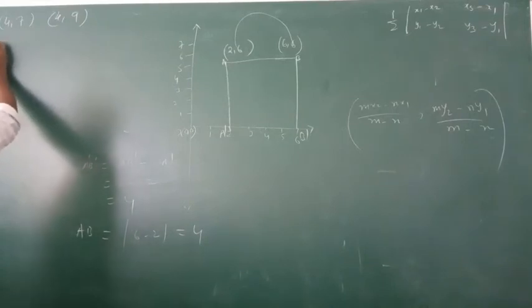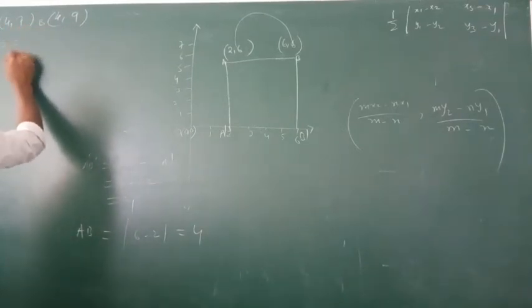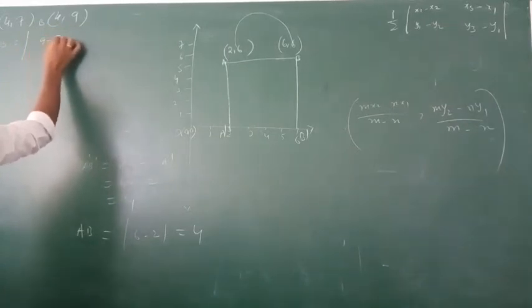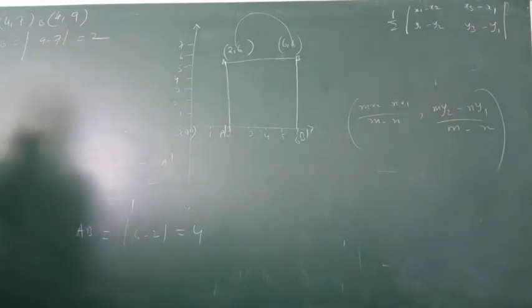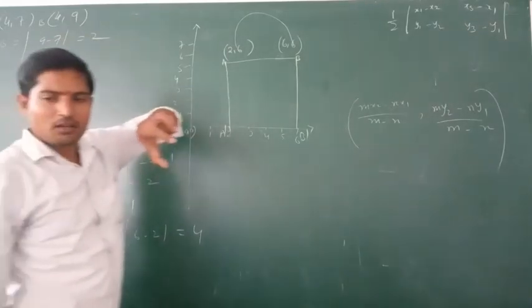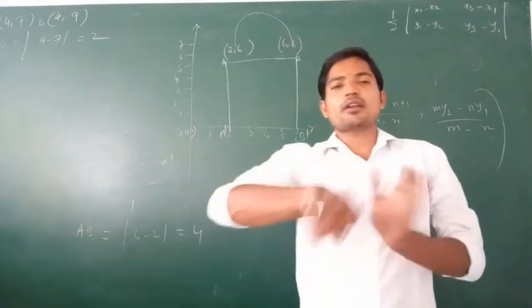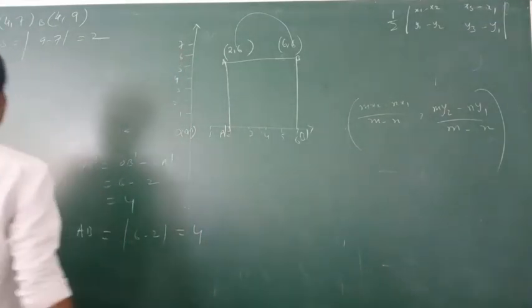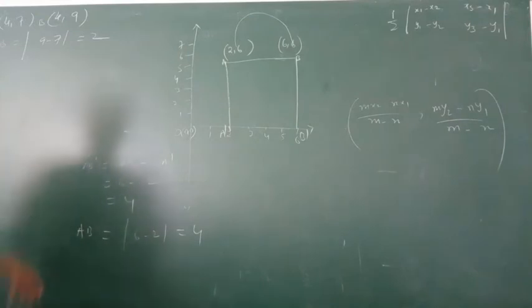Then suppose this is A, suppose B. AB equal to modulus of 9 minus 7, which is equal to 2. Understand? When the x coordinates are equal, we have to find the difference between y coordinates. Y coordinates are equal, then find the difference between x coordinates, which we can take as a distance between the 2 points.